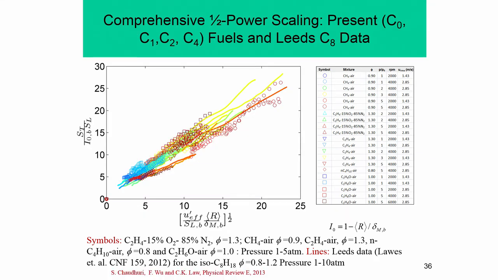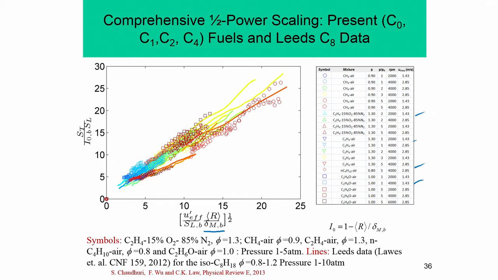So then we show that one has to use this parameter called Markstein length, defined on a Burnside, for collapsing most of the data on a narrow band. We showed that by using different kinds of fuels ranging from methane to ethane to ethylene to N-butane to DME, dimethyl ether, and also by using isooctane data from Leeds.